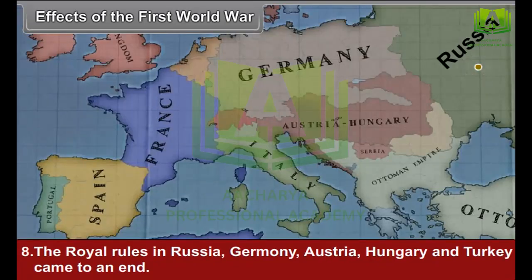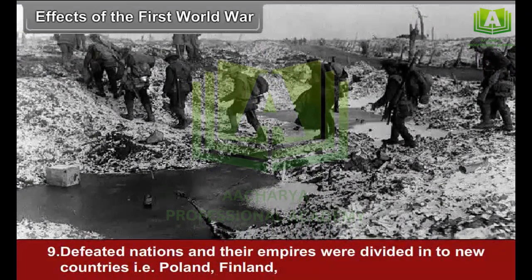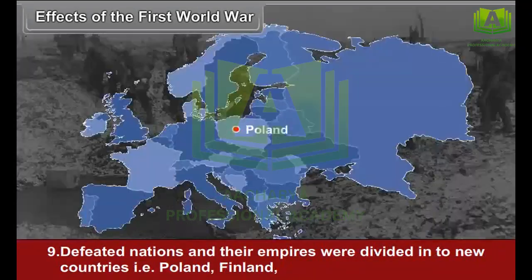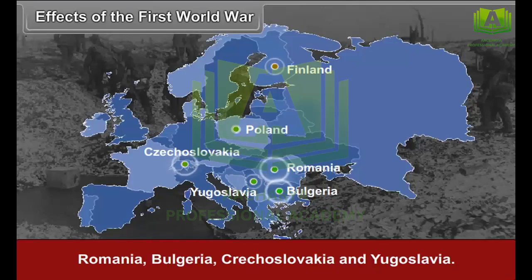Eighth, the royal rules in Russia, Germany, Austria, Hungary, and Turkey came to an end. Ninth, defeated nations and their empires were divided into new countries, that is, Poland, Finland, Romania, Bulgaria, Czechoslovakia, and Yugoslavia.